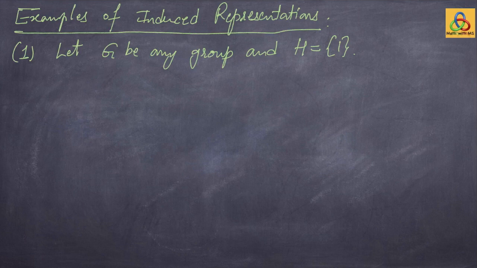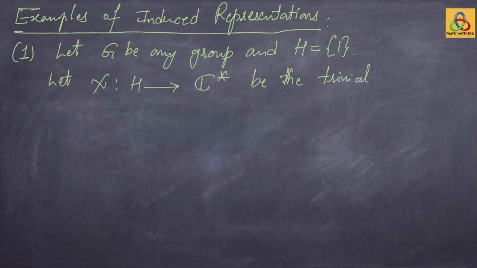It is just one, that is the trivial, 1 goes to 1, the complex number 1. So let chi from H to C star be the trivial character of the subgroup H, which is the only character or the only representation of H.